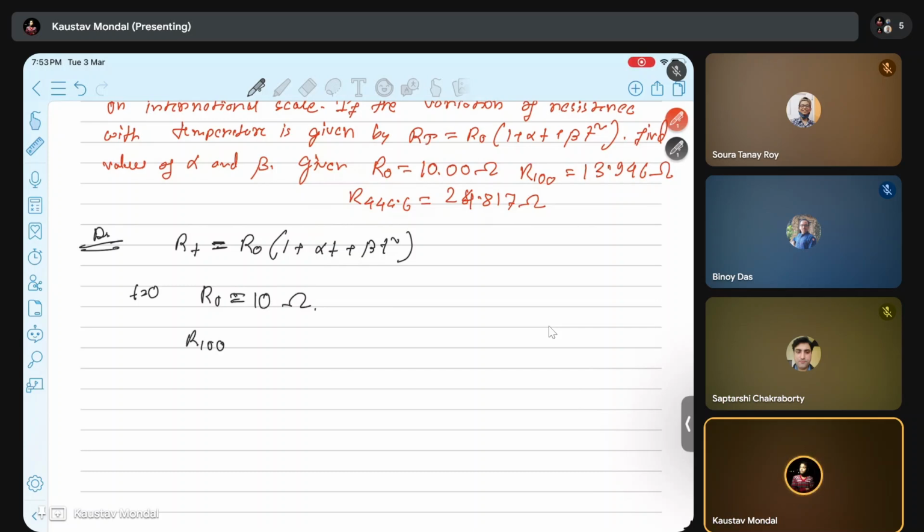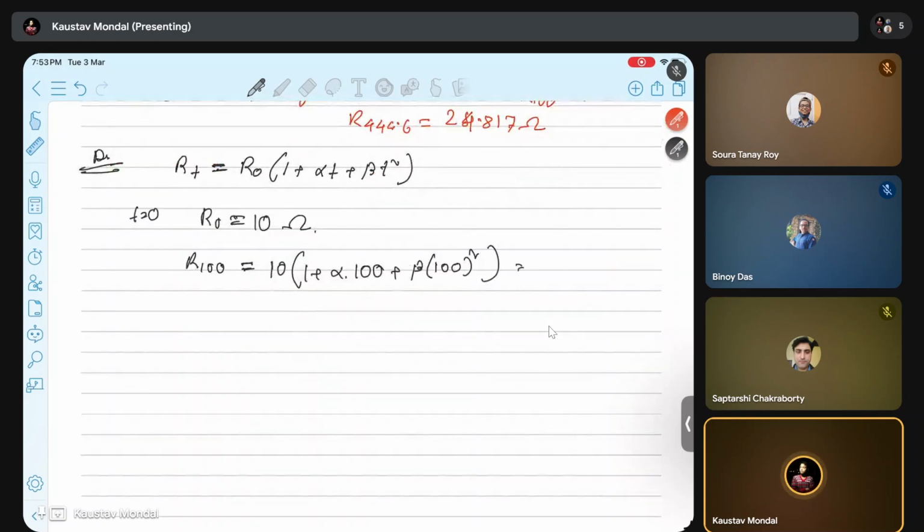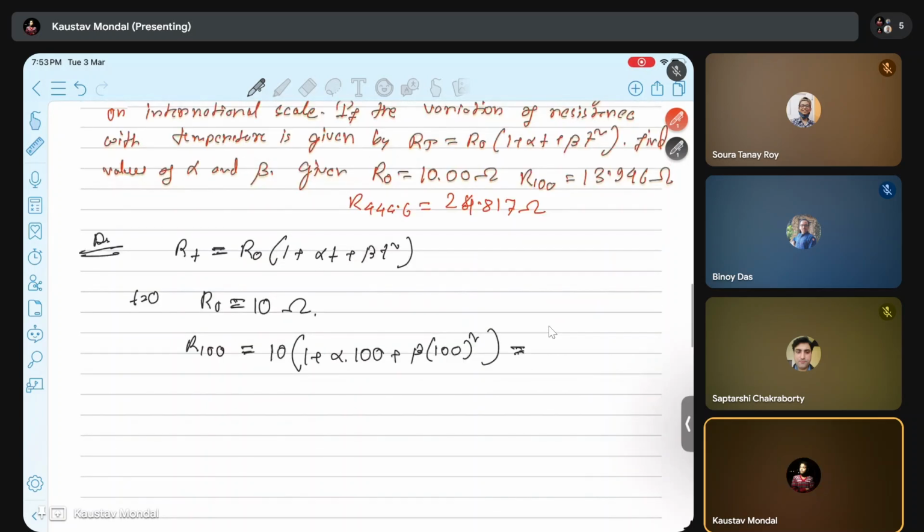And R100 is R0, that is 10 ohm into 1 plus alpha into 100 plus beta into 100 square, okay. This is R100, so that is 13.946.